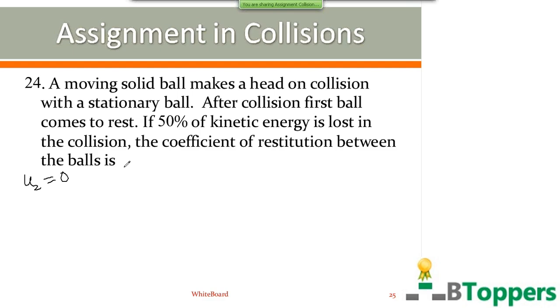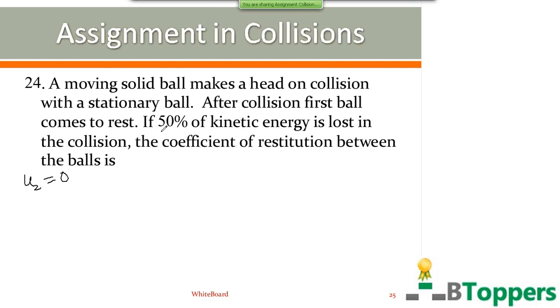Therefore, we are not going to use the direct formula for kinetic energy lost in a one-dimensional collision, half m1 m2 by (m1 plus m2) into (u1 minus u2) whole square and (1 minus e square). That equation I am not going to use now, because you are not given the ratio of the masses or the individual masses, or the initial velocity of the ball.